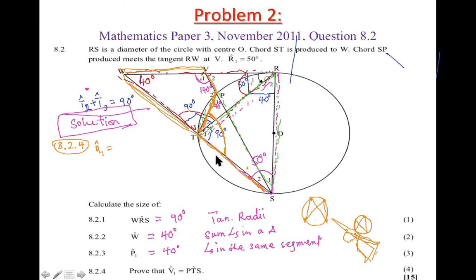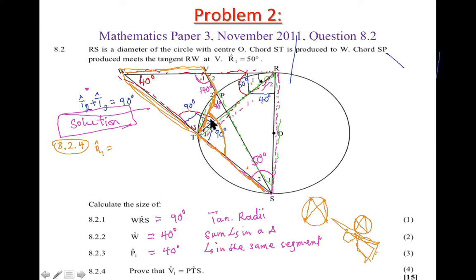She was right. It's T1. Yes, can I hear you again? She said it's T1 and T2. Okay, T1, T2. Can you see where they are? Yes. Look at this diagram. We have T1 here.